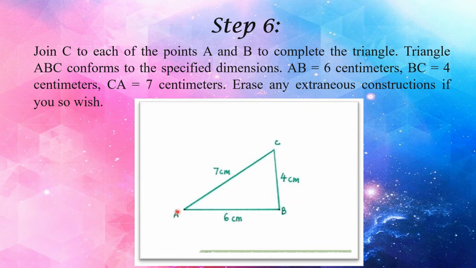So triangle ABC conforms to the specified dimensions. So we have line AB equals 6 centimeters, line BC 4 centimeters, line CA 7 centimeters. We simply erase any erroneous construction if you wish.